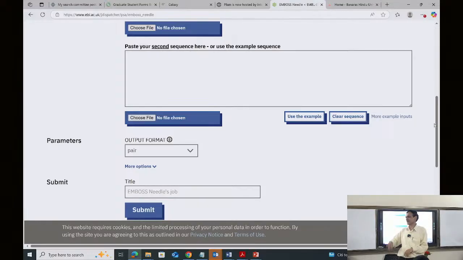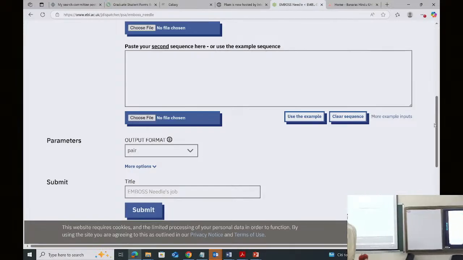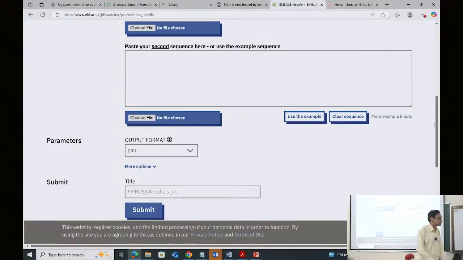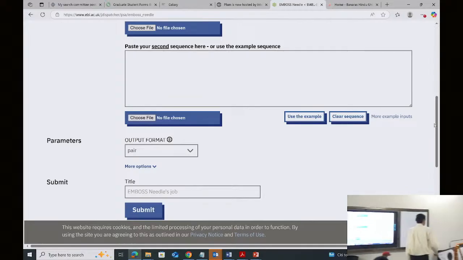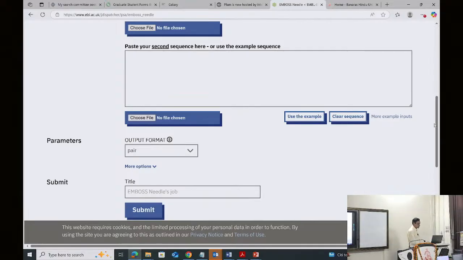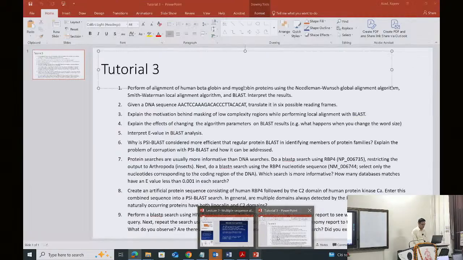Okay. Get started, Gaurav and Namrata. So first problem. I will show you the first problem. Okay.